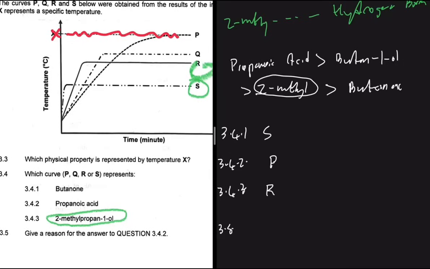We know that hydrogen bonding is much stronger than dipole, right? But then the hydrogen bonding in propanoic acid is much stronger than the hydrogen bonding in the two alcohols. The compound here with the highest boiling point, with the strongest intermolecular forces, should be propanoic acid. And that is why we're saying it is compound P.